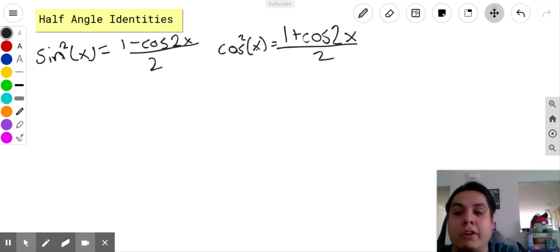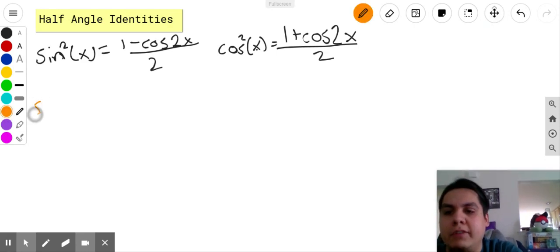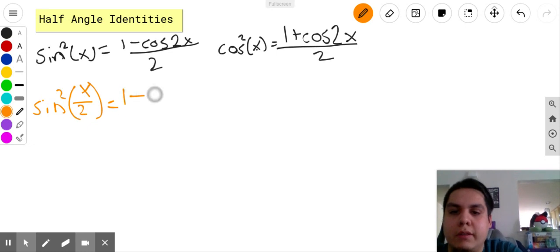So I'm going to start with the sine function. So I'm going to say I have sine squared of x divided by 2. So that should be 1 minus cosine of 2 times x divided by 2, all divided by 2.